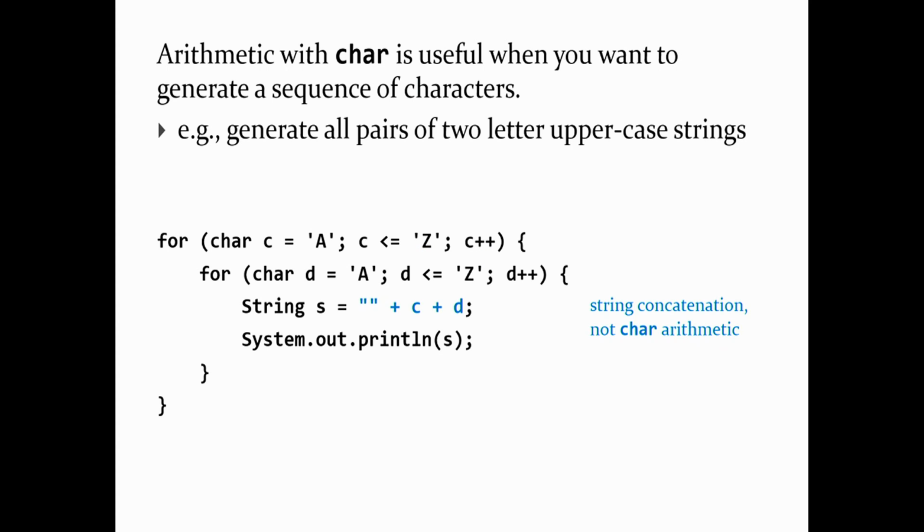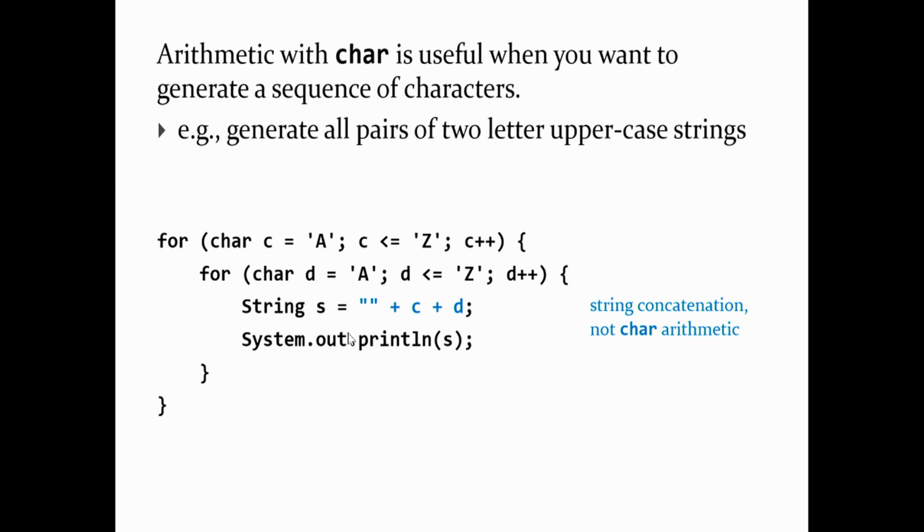So A, B, C, D, all the way through capital Z. Inside that loop, I can write another almost identical loop, again going from A through Z. And now I can make a string. So now I can build a string using the letters C and D. So I can write my string S. So it's the empty string plus C.